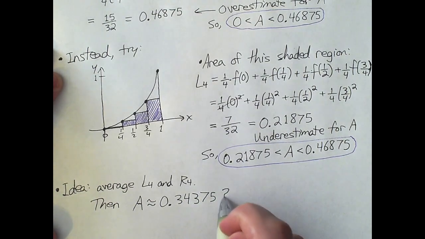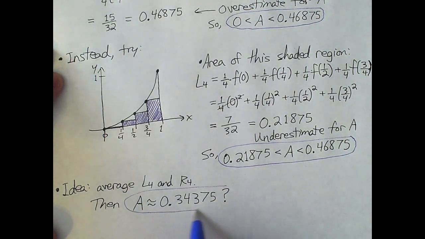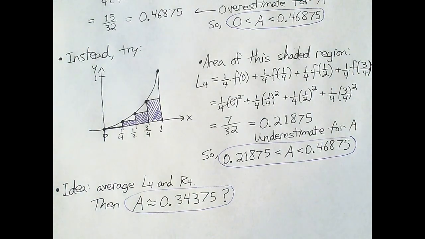I'm going to put a question mark next to it because we don't know how close that is. I'm going to circle it anyway. If you ask me for an estimate of the area, based on what we've said so far, this is probably my best guess so far, because I know it's between these two. So maybe I say it's the average of the two of them. Maybe. We still have more work to do, though.